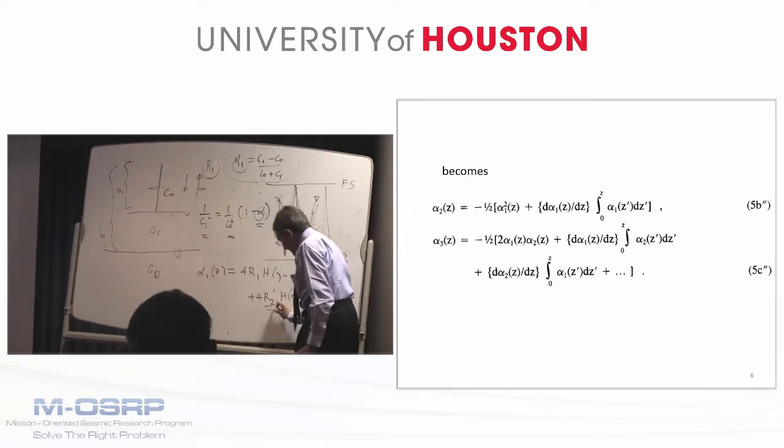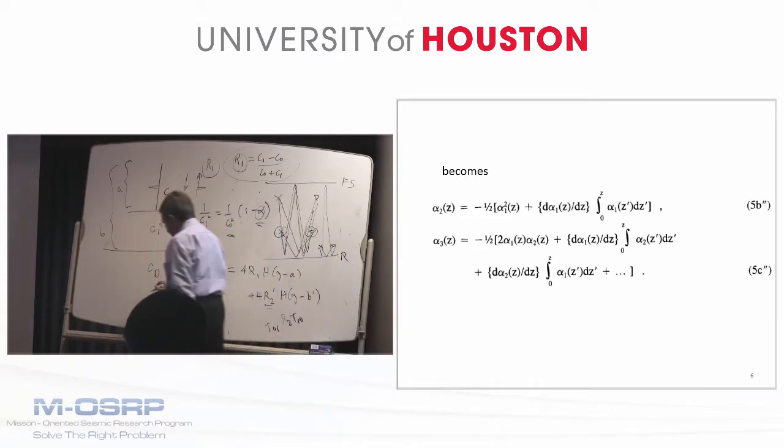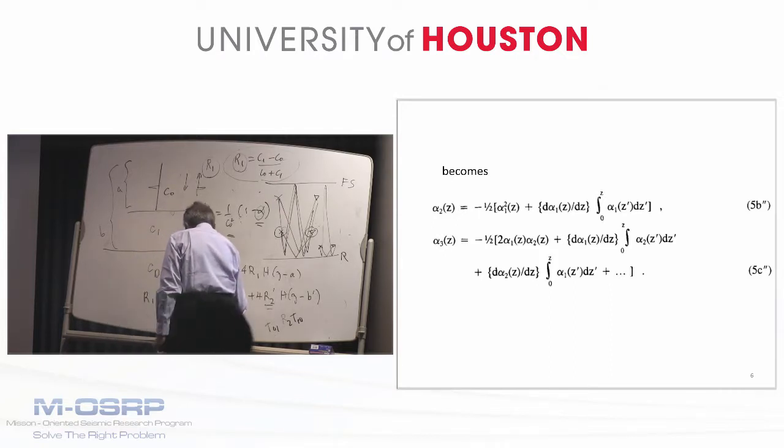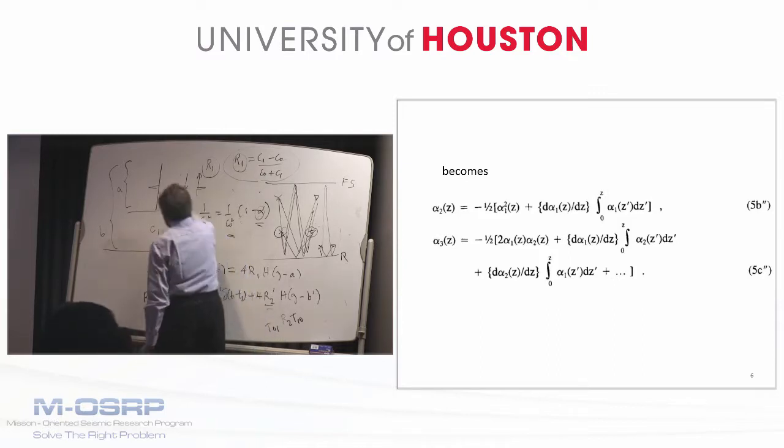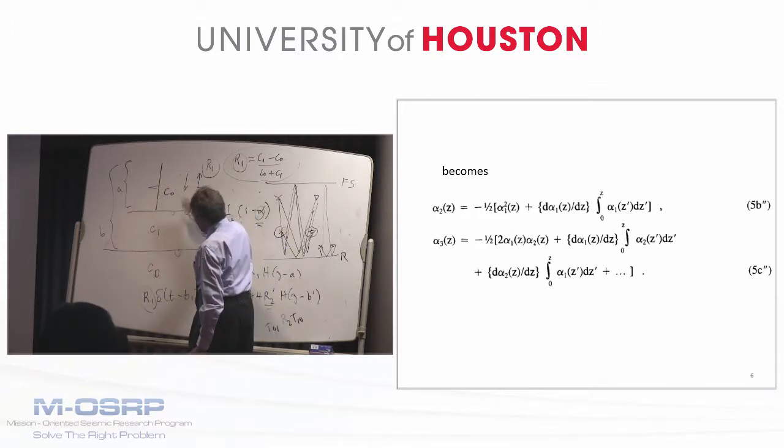R2 prime is R2 sandwiched with T01, T10. The data here is R1 delta of t minus T1 plus R2 prime delta of t minus T2, because the amplitude of this primary cares about the transmission here, yes? That's why there's a prime.